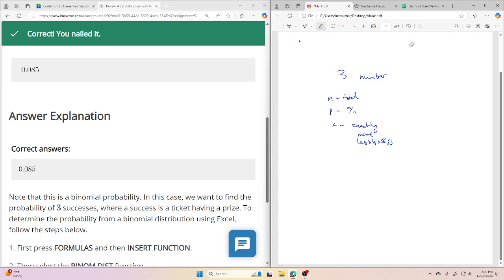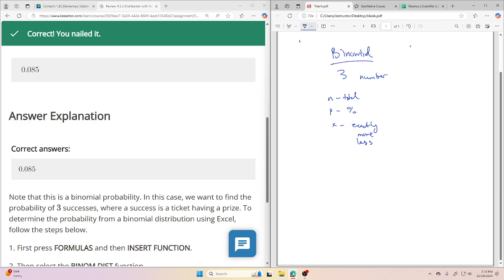So they're gonna use wording like that. Less has two S's, sorry about that. So then this would be binomial for sure. This is a binomial for sure. Awesome.